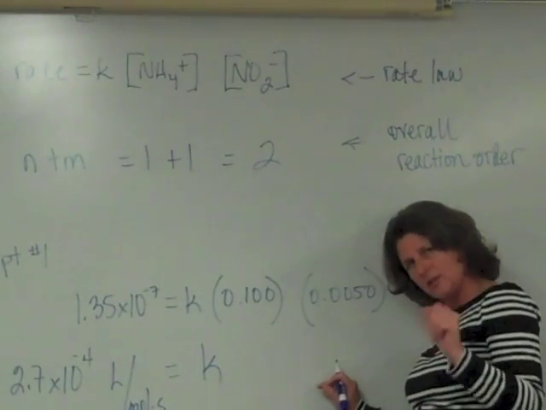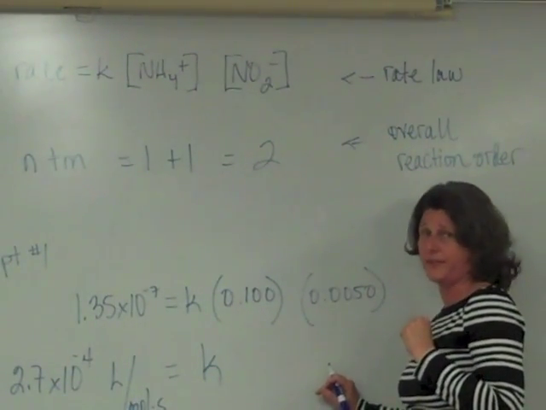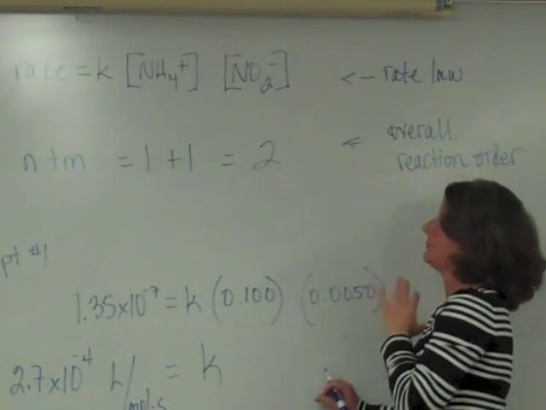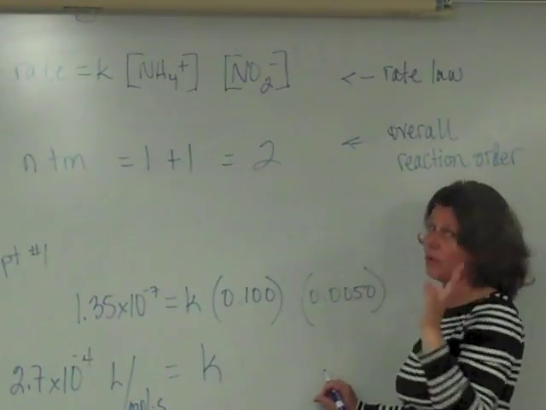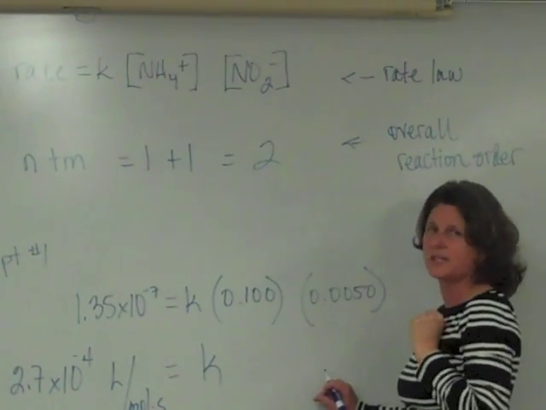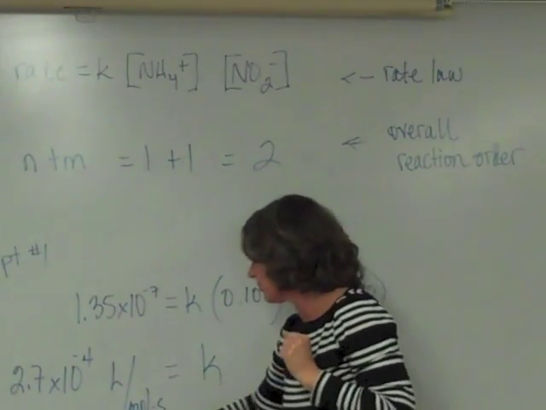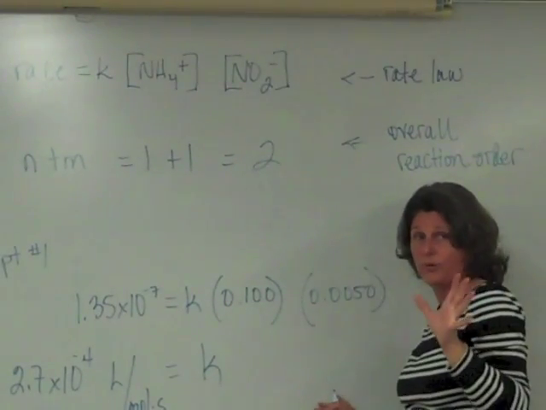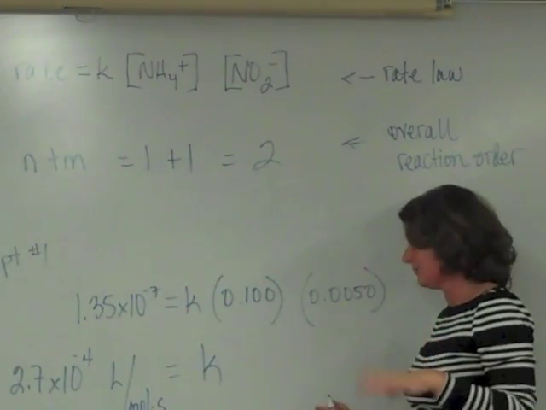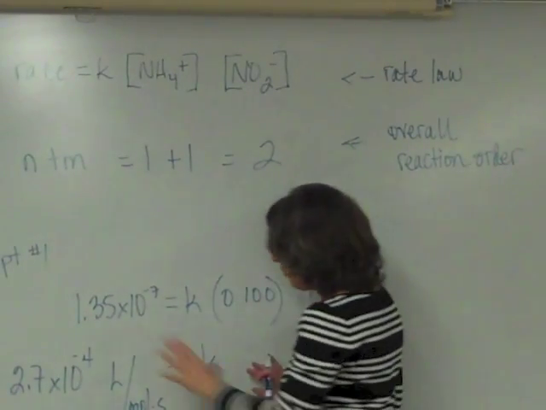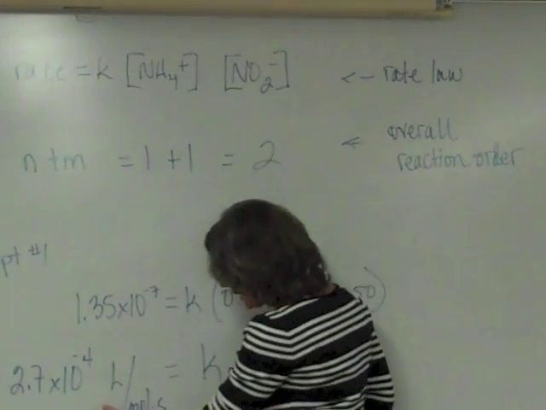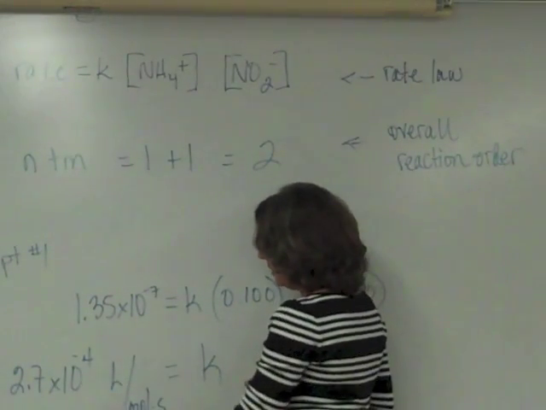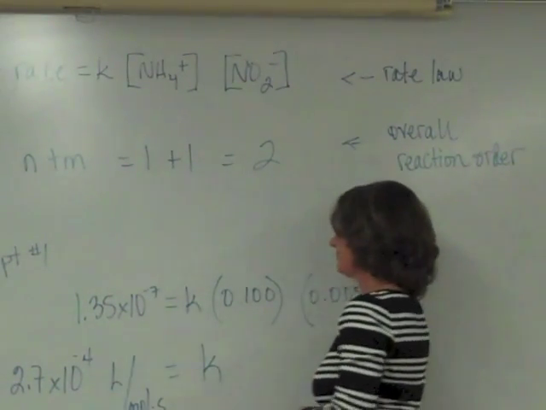Because they're not the same, it depends on the rate law, how many reactants we have, what their order is, all kinds of things we have to take into account, and it's just going to mind boggle you at this point. There's no reason to do it. But we will eventually. So it's fine for today, you guys. It's 2.7 times 10 to the minus 4th liter per mole second.